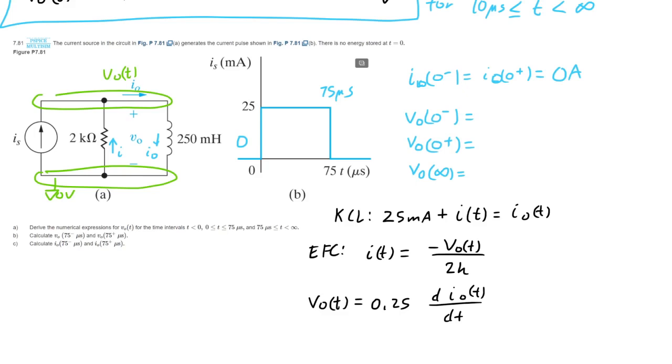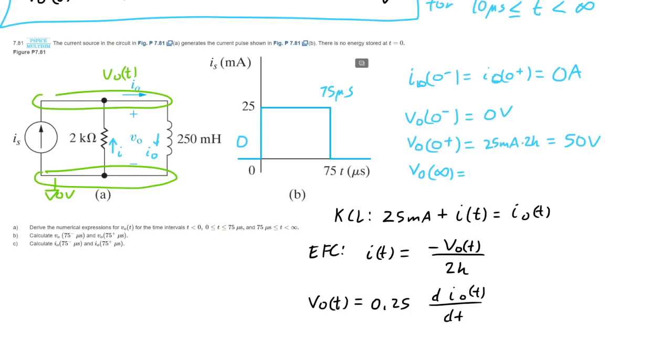So the initial voltage is 0 just before the current pulse happens. But the voltage across the inductor can change instantaneously, and we'll find that it does with this resistor. We know that 25 milliamps is flowing through it, and it's a 2 kilo ohm resistor. Through Ohm's law, the voltage drop must be 50 volts. So 0 volts, 50 volts.